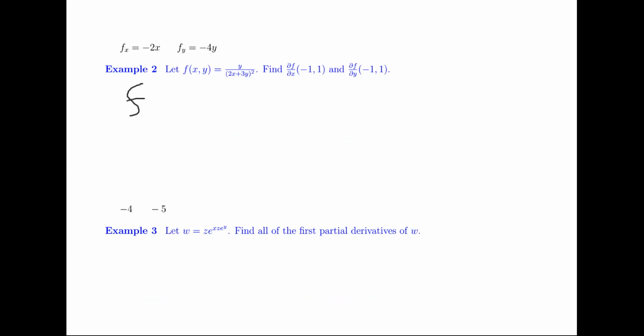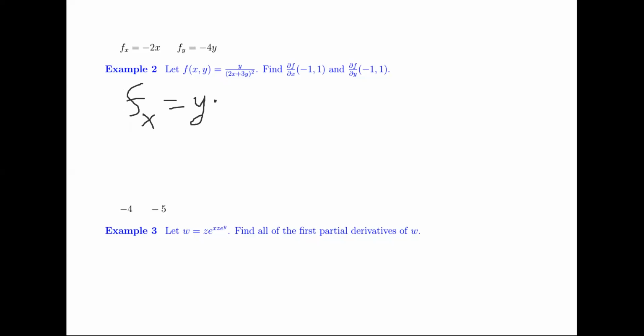So we want to calculate that. Well, here we have y times (2x plus 3y) raised to the negative second power. So then we want to take the first order partial with respect to x. All right, y is a constant, so I just multiplied y times, and then we have, again, 2x plus 3y raised to the negative second.